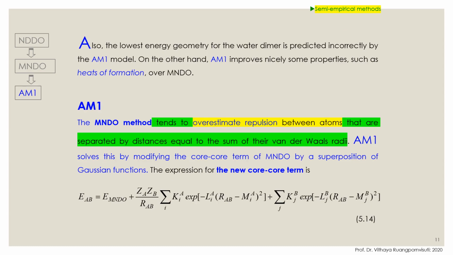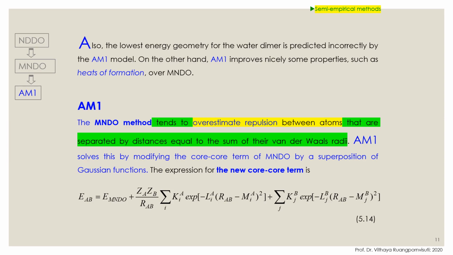Also, the lowest energy geometry for the water dimer is predicted incorrectly by the AM1 model. On the other hand, AM1 improves nicely some properties, such as heat of formation, over the MNDO method.